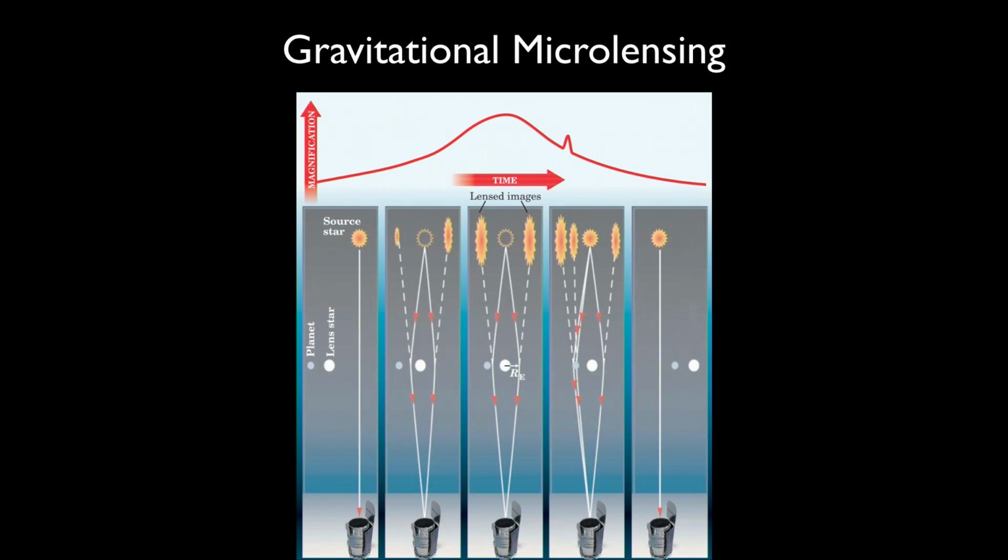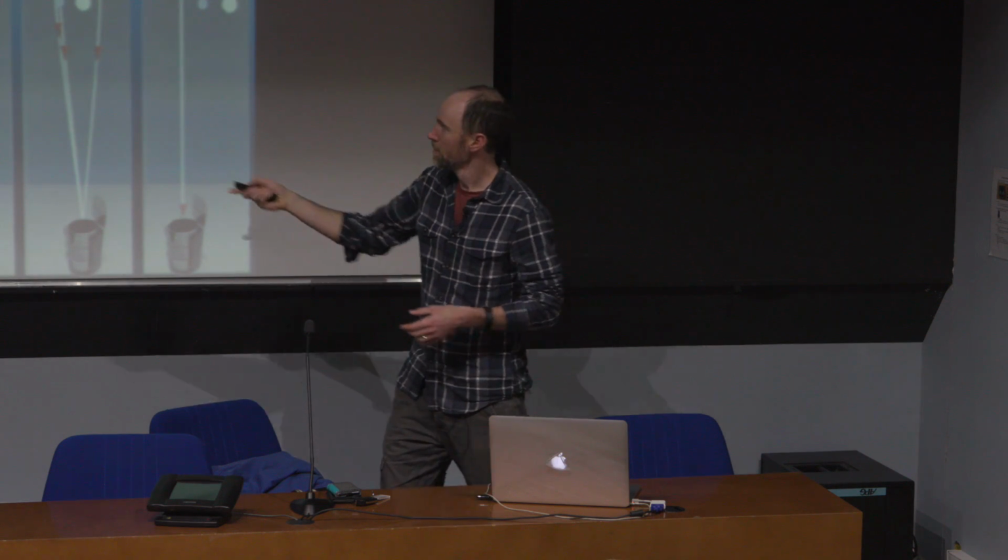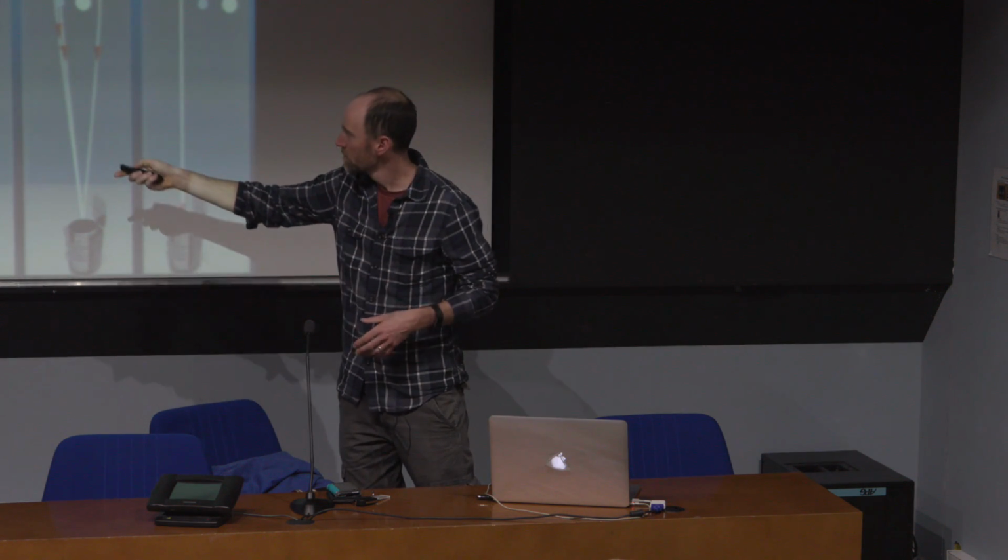So the gravitational microlensing technique, we're not going to talk much about it, just here to illustrate the idea. On the top here, you're seeing a light curve of a background star. Here's the setup. Our telescope is on the bottom, and there are some very distant background stars out there. A star with a planet orbiting it, because of its proper motion, passes along our line of sight.